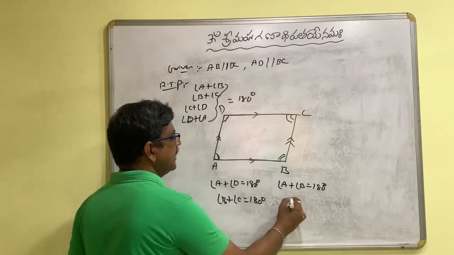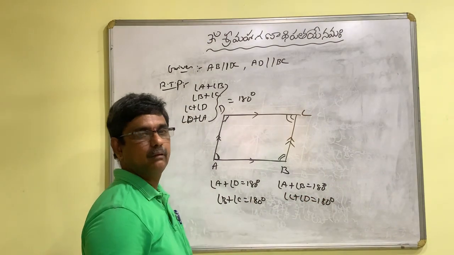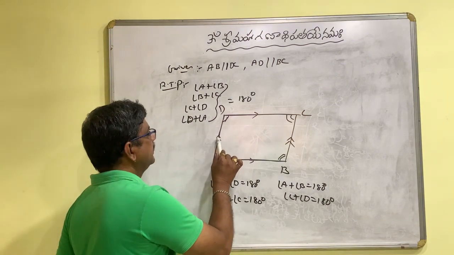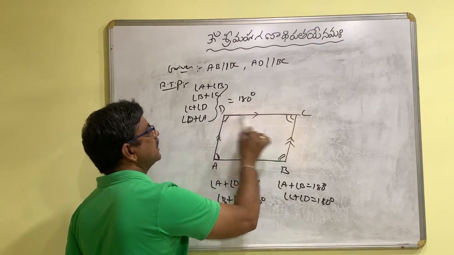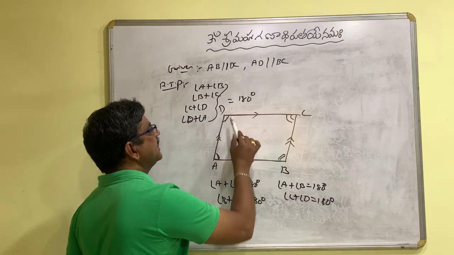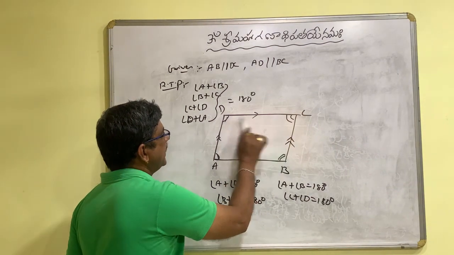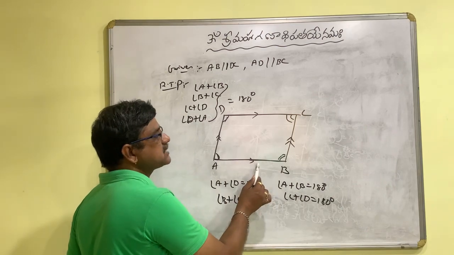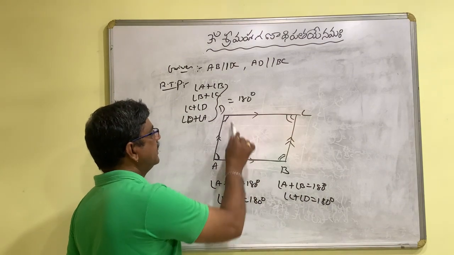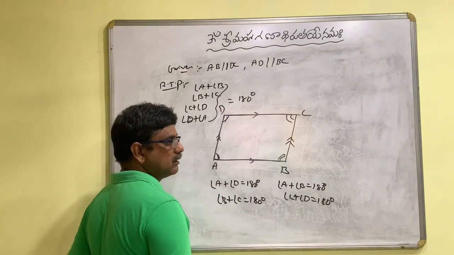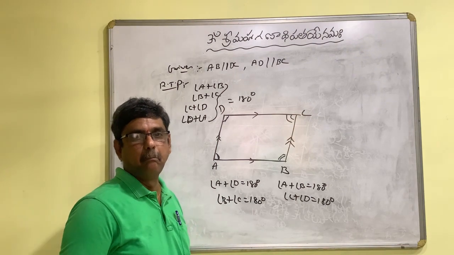In the same way, angle C plus angle D is also 180, because AD and BC are parallel lines and DC is a transversal, then sum of these two interior angles on the same side of the transversal is 180. So sum of these two 180 and sum of these two 180. Okay na? So the fourth property is proved.